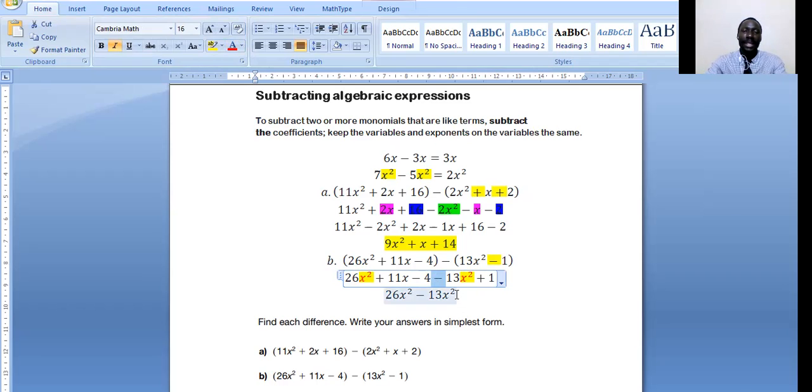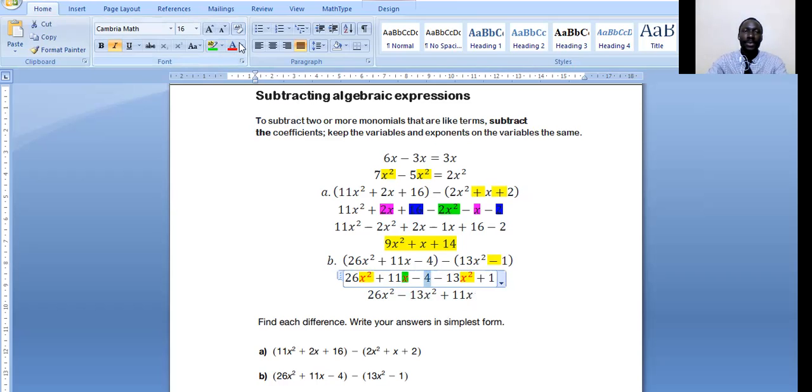Then the next thing we want to do is to deal with this 11 here. Now notice that there is this x which we have to put together, and that is the only x we have. There isn't any other value of x we must add to that. Then the next thing now is this 4.